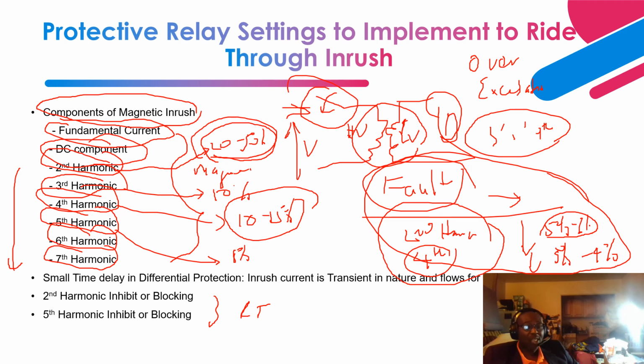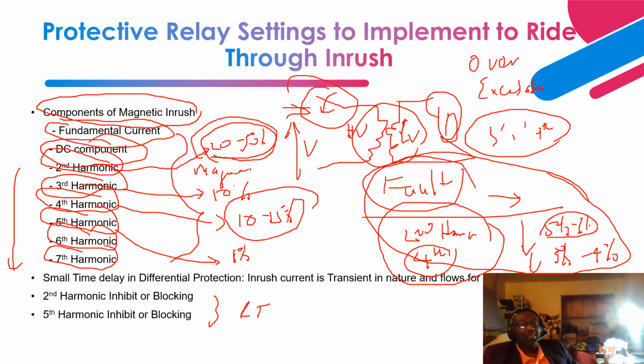So to distinguish between an inrush condition that has a higher order of third, fifth and seventh harmonic, we utilize the settings to distinguish between that and an actual faulted condition, which is an overexcitation condition, and prevent the differential protective relay from tripping on inrush conditions.